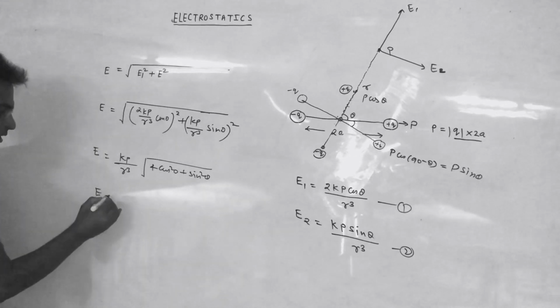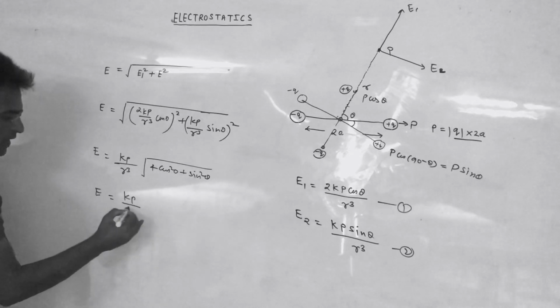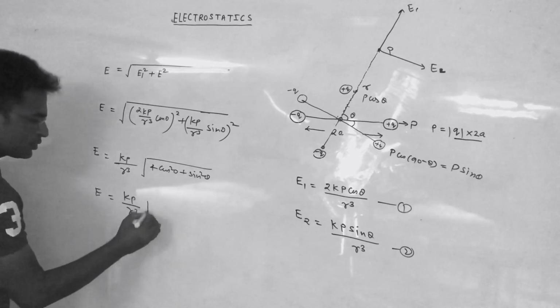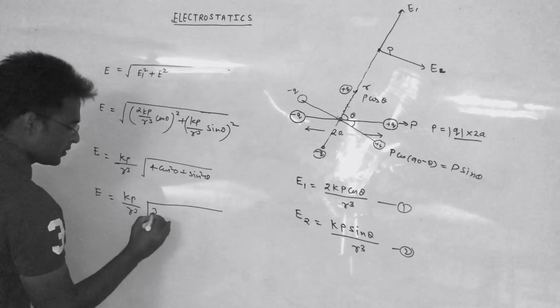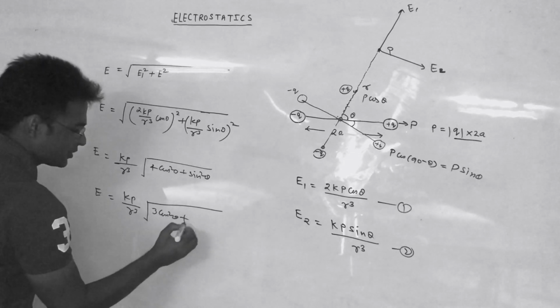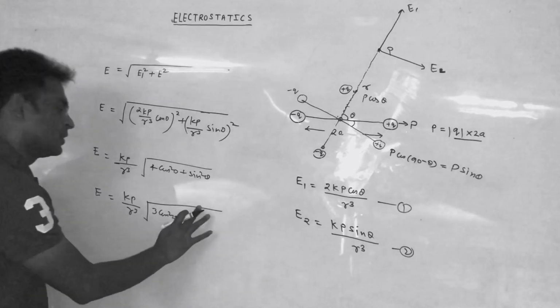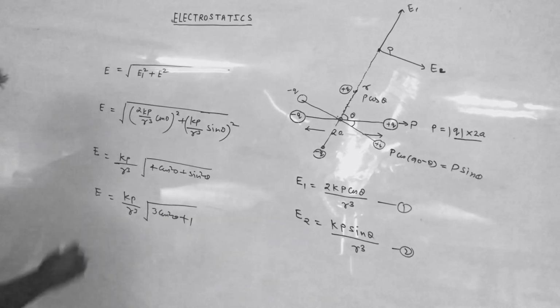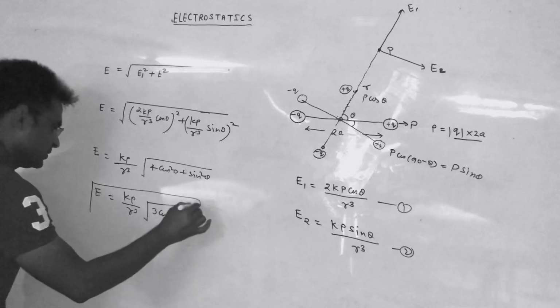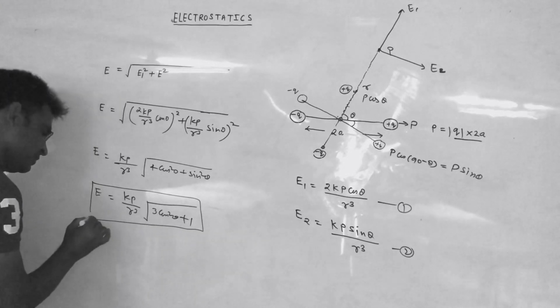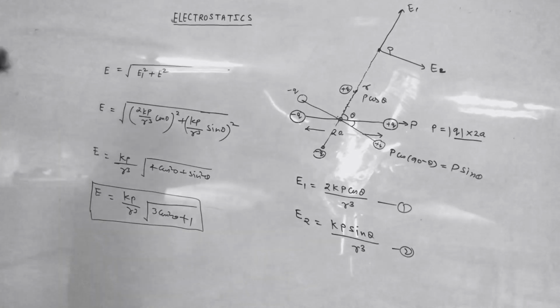We can simplify this a bit. I can write kp divided by r cube times under root 3 cos square theta plus 1, because cos square theta plus sin square theta becomes 1. So this is the electric field at that point.